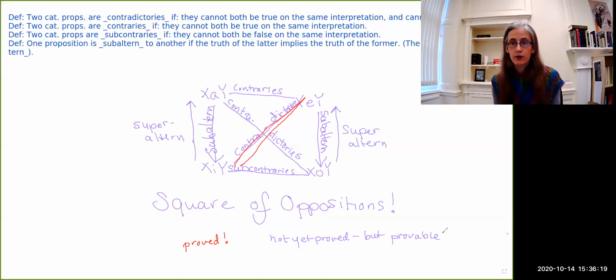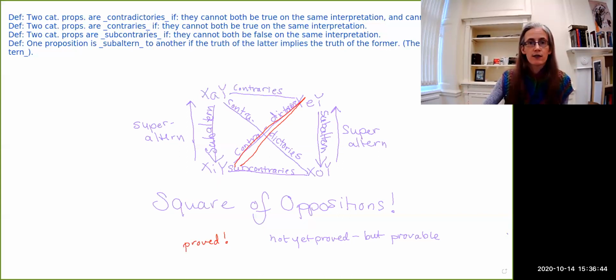So I would like to encourage everybody to go back to the proof that I gave in the previous video and see if you can work out how you would prove the other kind of facts that I've represented in this square of oppositions. You know that they're true, and so that's the first step towards making a proof. But now, can you actually use the definitions to show why they are true? That's what I have to say about relationships between pairs of propositions.